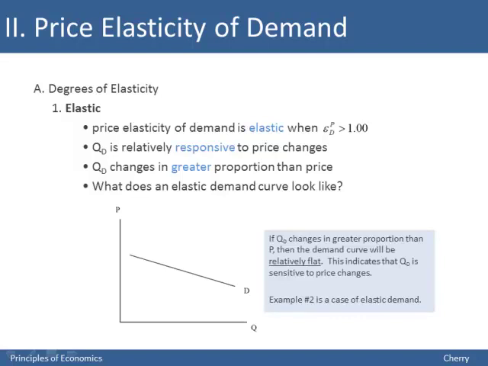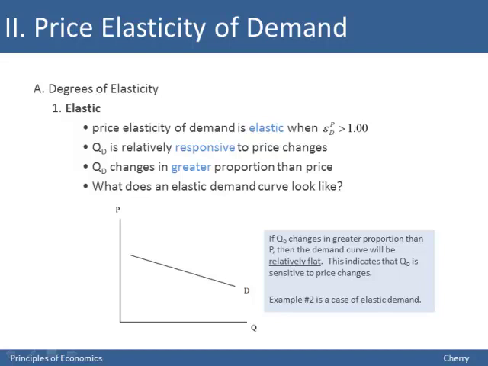And if you think about it, a relatively flat demand curve means that you could have a relatively small change in price, and that could lead to big changes in quantity demanded. And that's really what elastic gets at. A good that has elastic demand is a good in which buyers will be very responsive to the price changes. So small changes in prices can lead to big changes in sales.